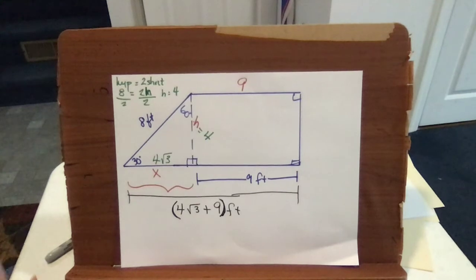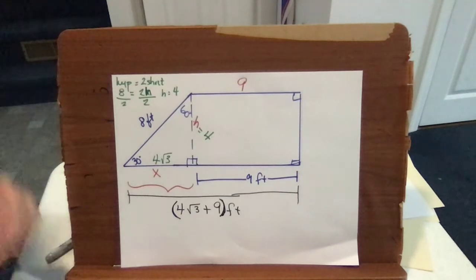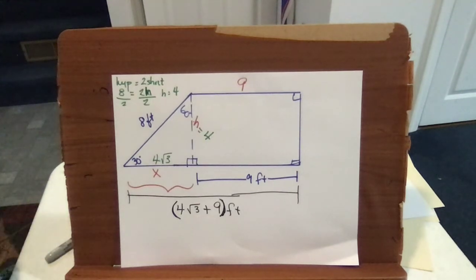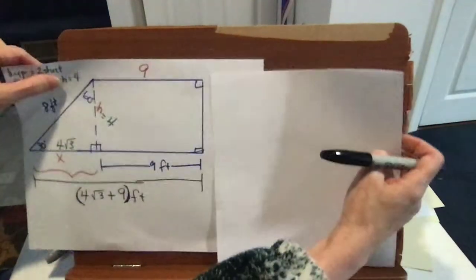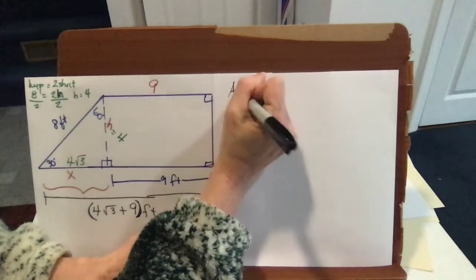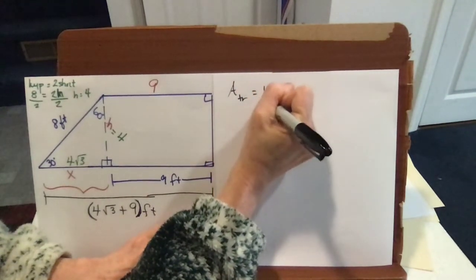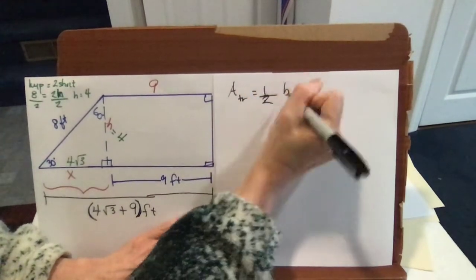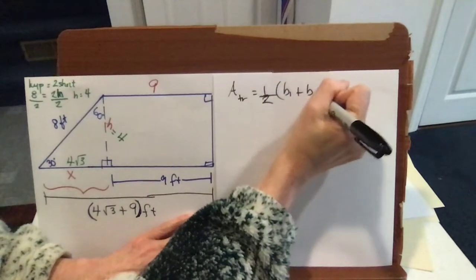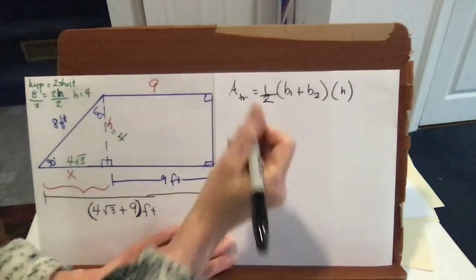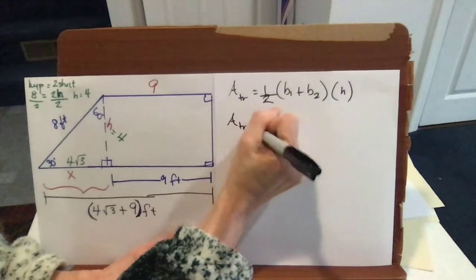All right, now we need to do some work, and we're going to take a look at how to calculate our area. So area of a trapezoid is half base 1 plus base 2 times our height. So area of a trapezoid equals half.